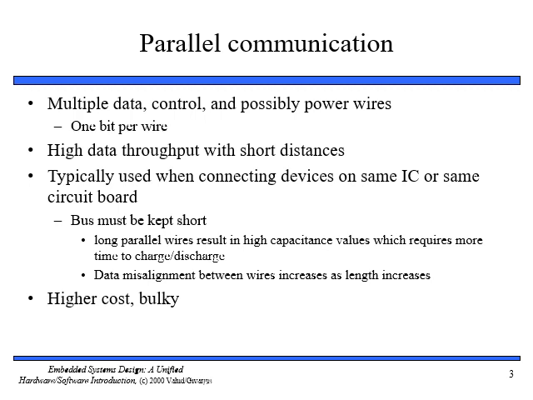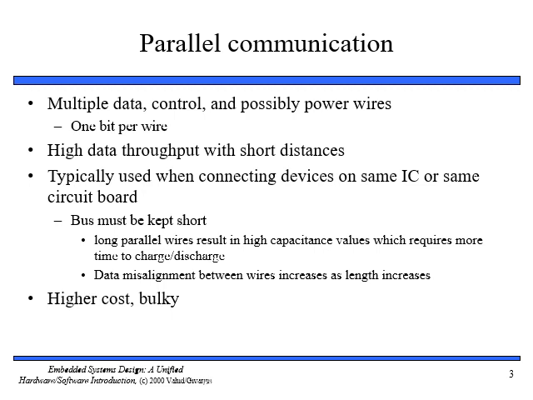However, it provides the benefit of high throughput. It is typically used when connected devices are on the same IC or same circuit board. The bus must be kept short, so we use this kind of communication from IC to IC or on the same circuit board.